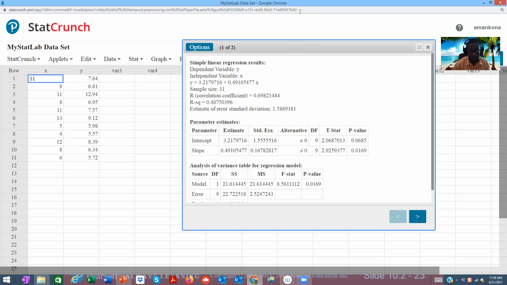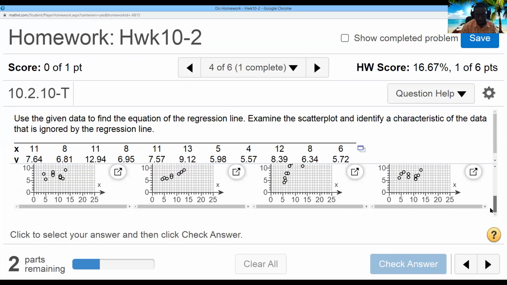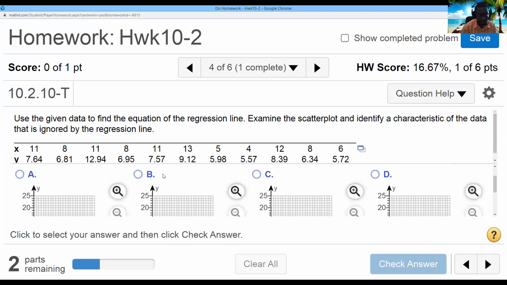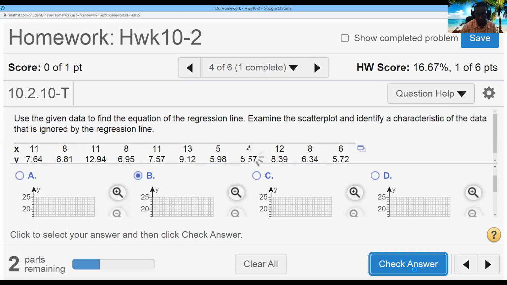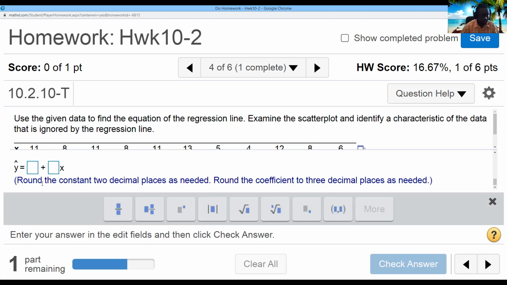Our scatter plot is actually a B. Yes, it is a B. Then the regression equation: round the constant to 2 decimal places and the coefficient of x to 3 decimal places.